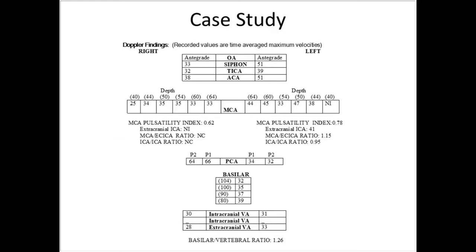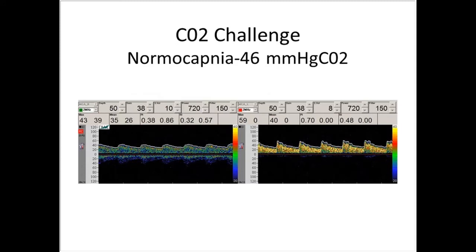What we also see on the right is the P1 and P2 segments are elevated. And this is because it's trying to bring blood up to the distal right MCA territory. So we were asked to do a CO2 challenge. On room air, his end-tidal CO2 was 46.